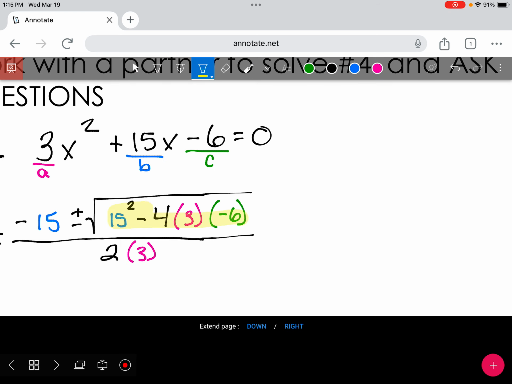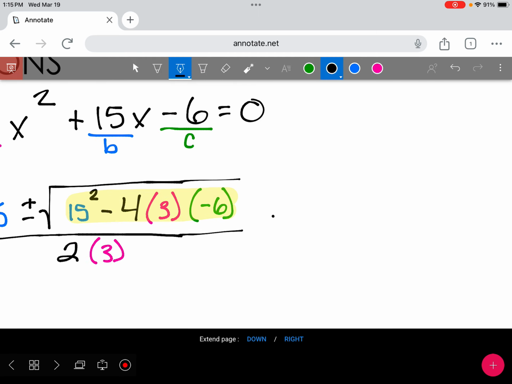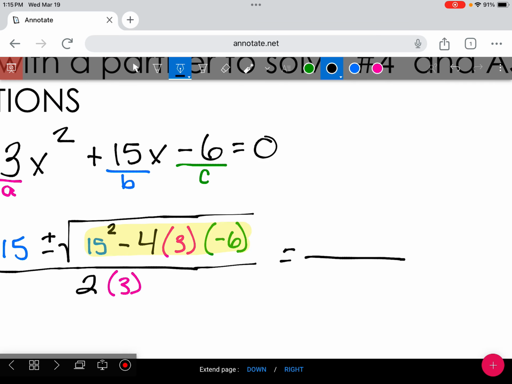Again, I highly recommend you should simplify this bit first. It's going to make things a whole lot easier to type in the calculator and be able to be reliable with stuff. Because we have our negative 15 plus or minus our square root of, what do we get? Yep, we get 297.